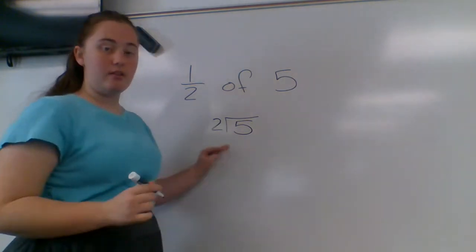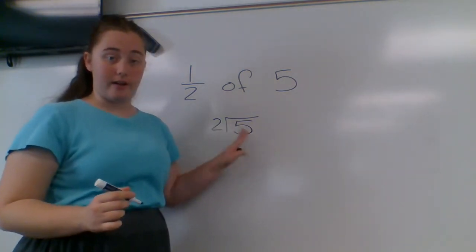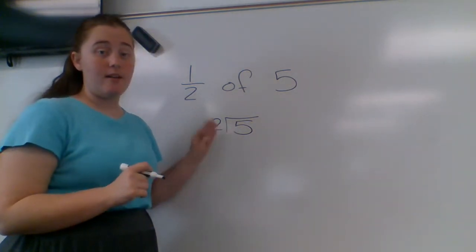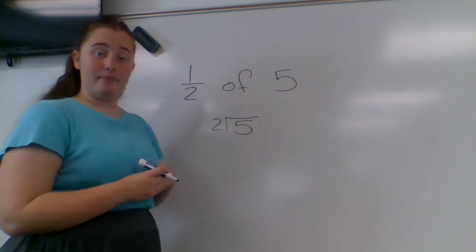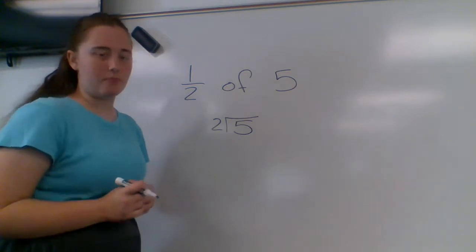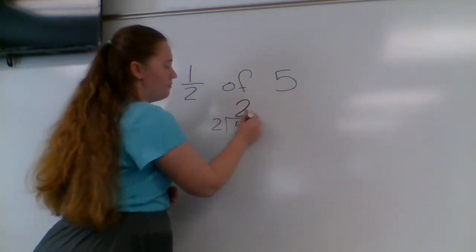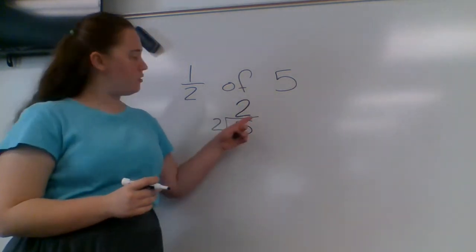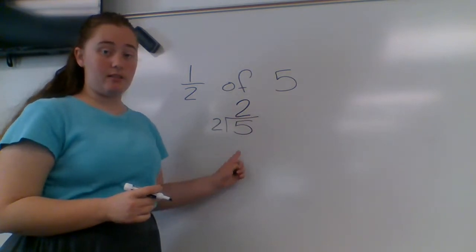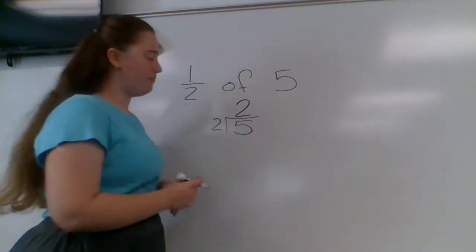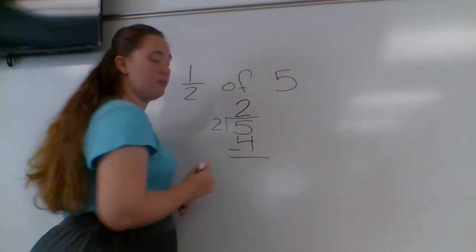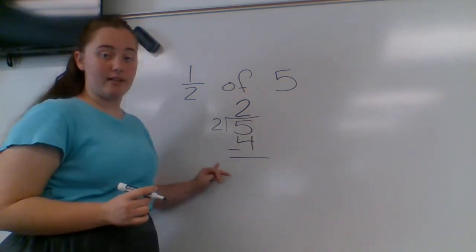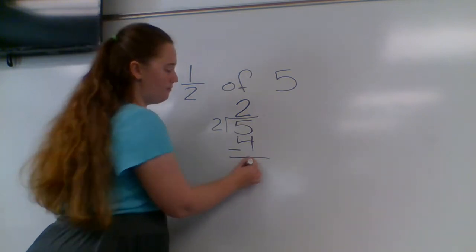We have 2 will go into 5, or 5 divided by 2, however we want to say it. 5 divided by 2 is, right, let's try 2. 2 times 2 is, right? And 5 minus 4 is 1.